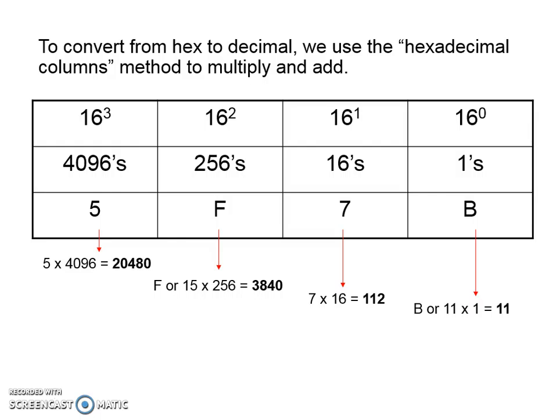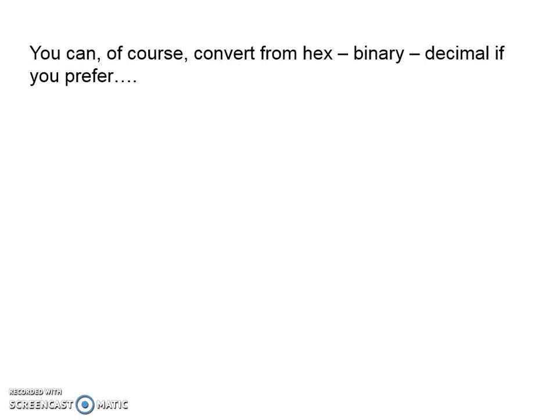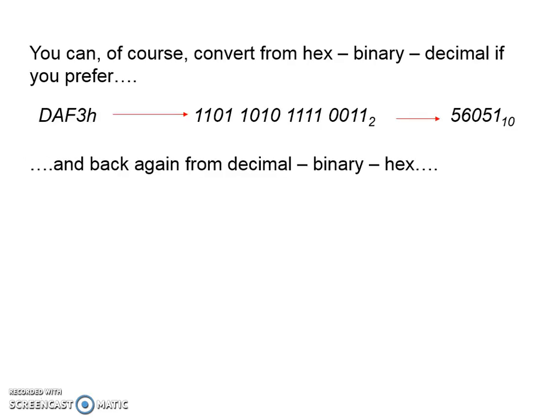And so our number, 5F7B, becomes 20,480 plus 3,840 plus 112 plus 11, or 24,443. You could always, if you really wanted to, convert from hexadecimal to binary to decimal. I'm not certain that's a great deal more practical.